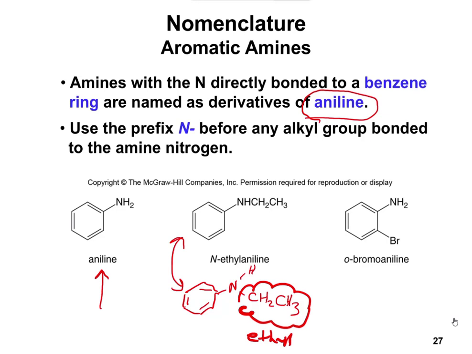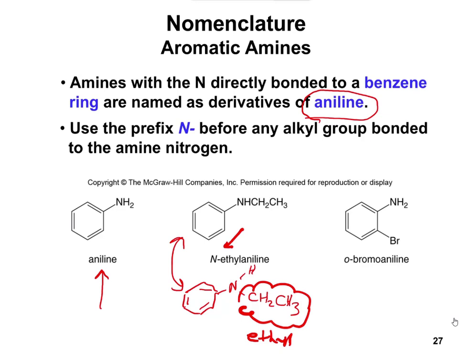Well, in this case, you can't really number it because it's not attached to a carbon that we're numbering. So instead, we use N-ethylaniline to say that it's an aniline that has an ethyl group attached to a nitrogen. So we're naming it with ethyl, but then we're numbering it.